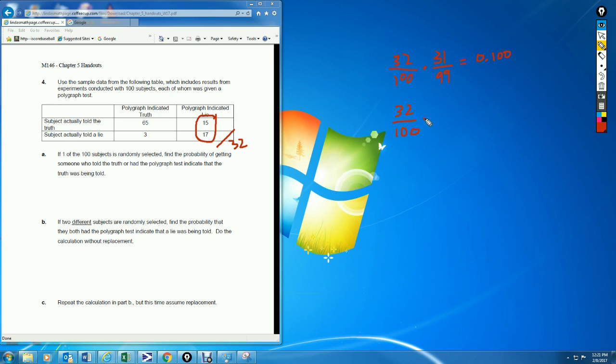So when I go to pick the second person, there's still 32 ways, and there's still 100 people in the bag. So the result of that calculation, if you do it, should get 0.102. So again, that's a slight approximation, but the only difference is in the third significant figure.